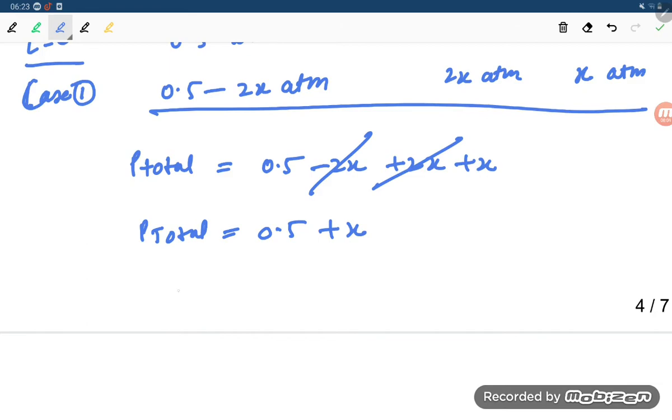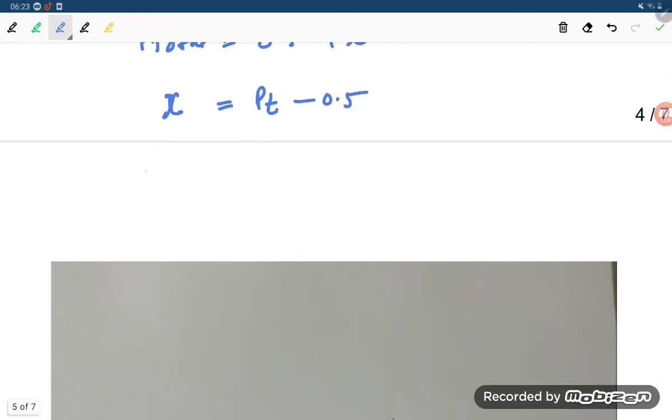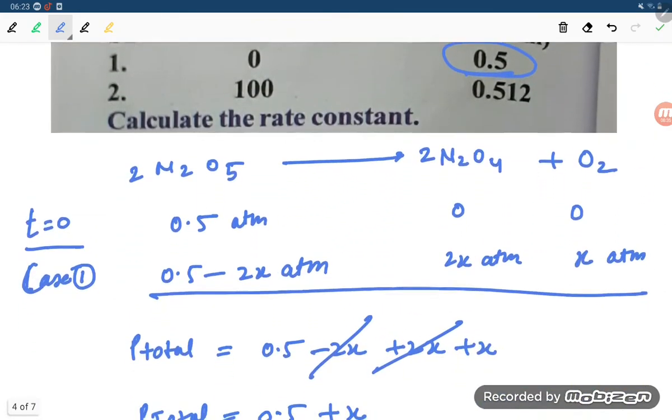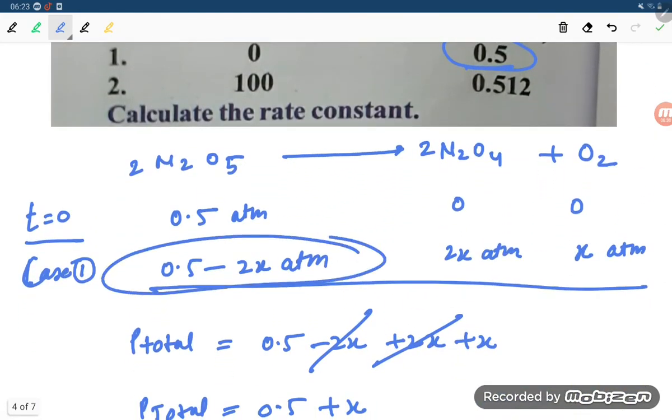From here, x is equal to P total minus 0.5. So we got the x value. If you want to calculate P N2O5, from the relation it is 0.5 minus 2x.